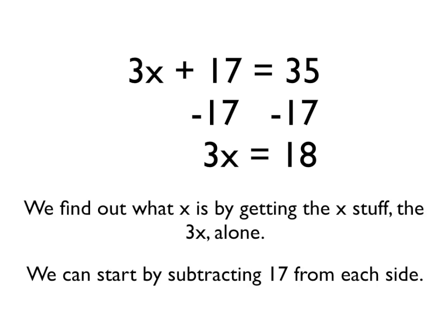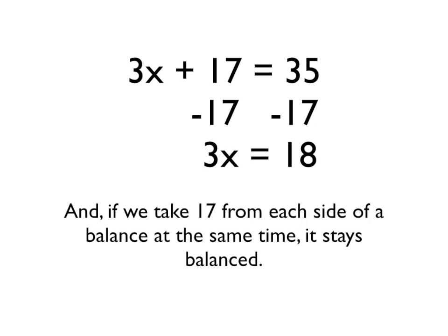So here we go. 3x plus 17 is 35. We take 17 away from each side because we want to get the x stuff alone. We got the 17 there, and we take it away because it's like a balance scale. If you take 17 away from each side at the same time, it stays balanced. It stays equal.